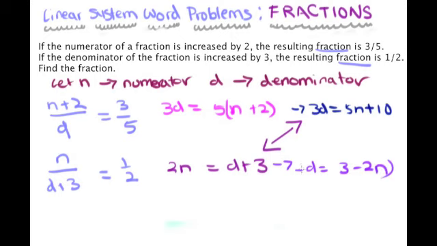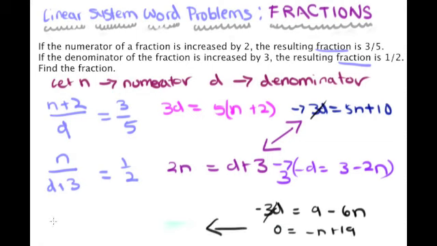Let's just multiply this by 3, and we get negative 3d is equal to 9 minus 6n. Now we can get rid of these 3d's. So we're left with 19 and negative n. 0 is equal to negative n plus 19. If we bring the n over, we get n is equal to 19.